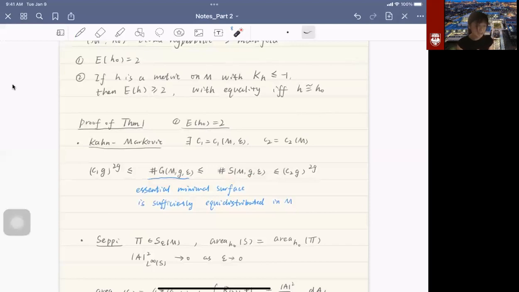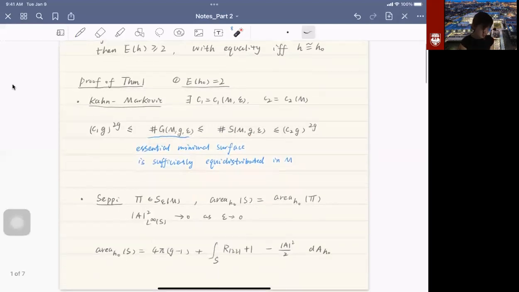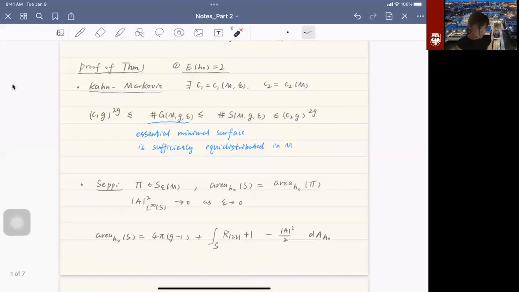So all the candidates are well distributed in M. And this property is very useful in the proof of the rigidity part. We're going to see that later.